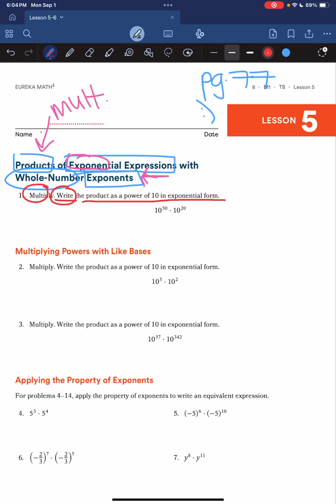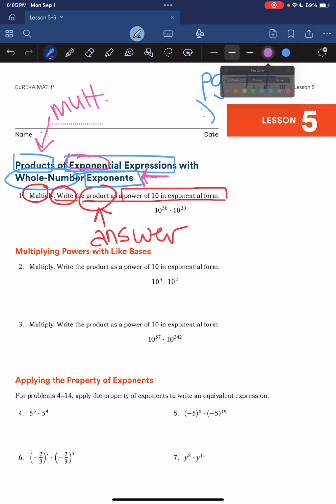After you've taken a minute to look at it, on number 1, we've got 10 to the power of 50 times 10 to the power of 20. And those are some pretty big numbers. So be thinking about what you think that's going to look like, because it does say to write the product as a power of 10 in exponential form. So when we write the product, we're wanting to write the answer to this.